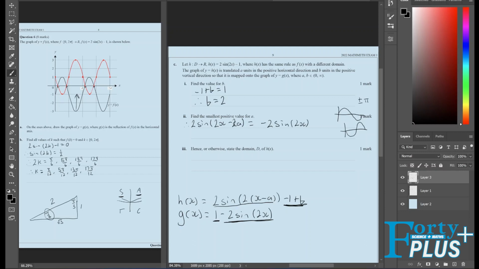In this case, because they have said that a and b are positive values, we're going to consider the positive translation and not the negative translation. So we can say that 2a needs to be equal to pi. So therefore, a must be equal to pi on 2.